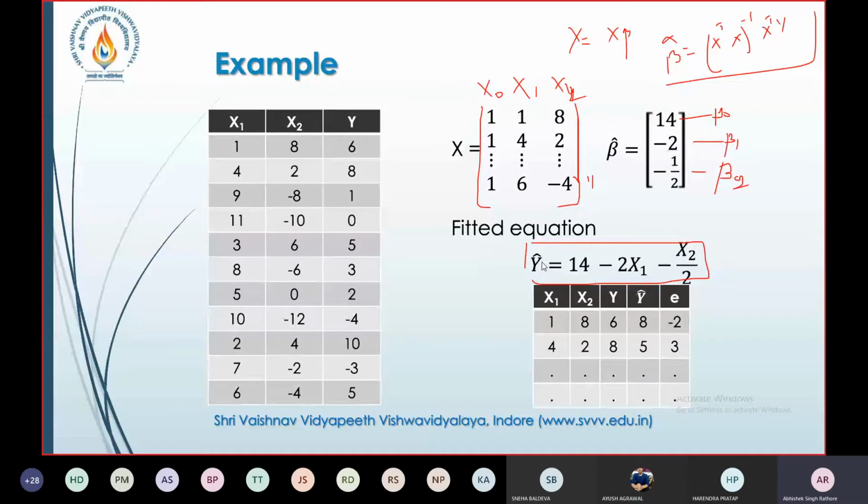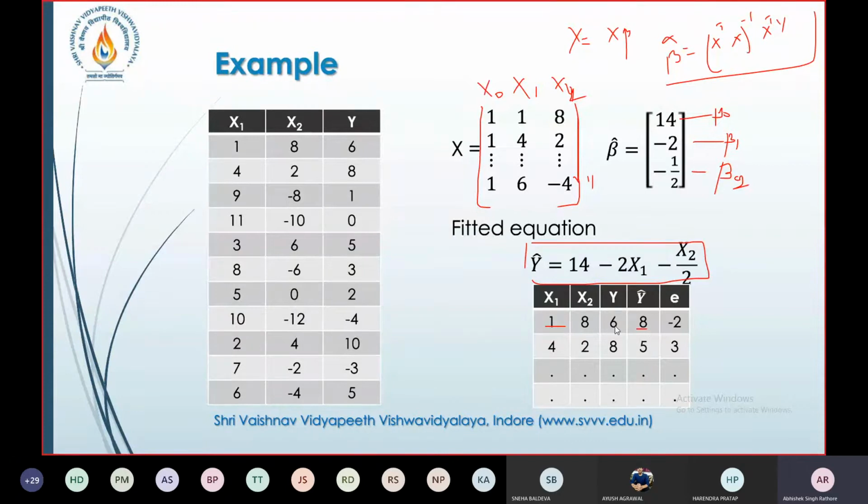Now calculating the residuals. So what are the residuals? Again I put the values of x1 and x2 in this equation: 14 minus 2 into 1, then minus 8 upon 2, which gives you 8.